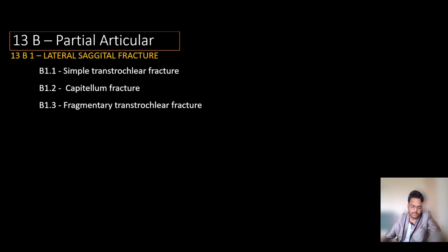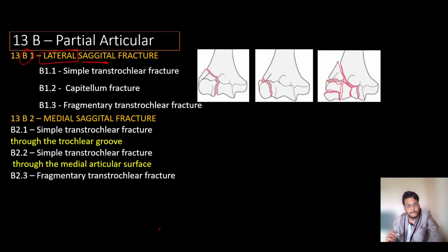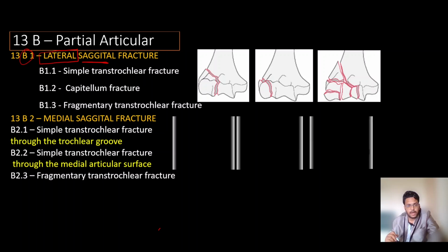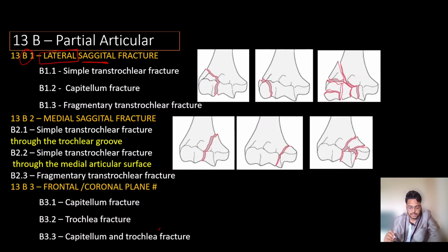Coming to 13B, the partial articular. 13B1 is a lateral sagittal fracture, 13B2 is a medial sagittal fracture and 13B3 is a frontal or coronal plane fracture. Okay.